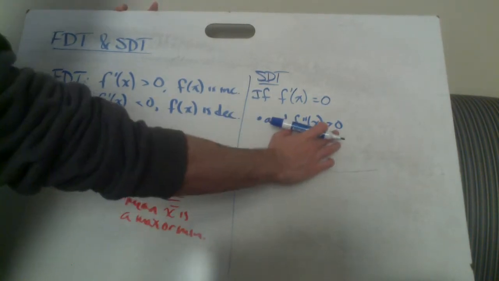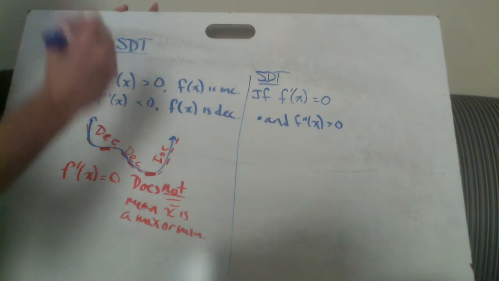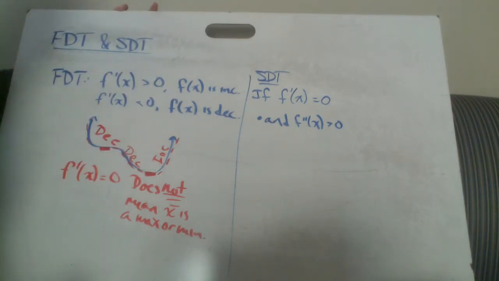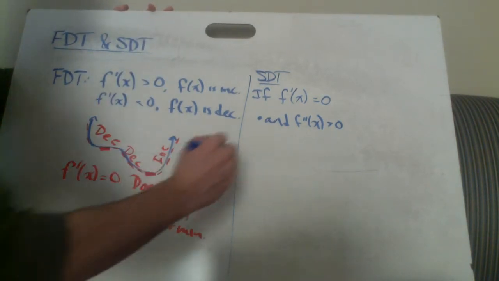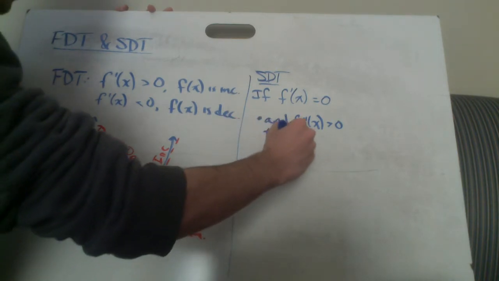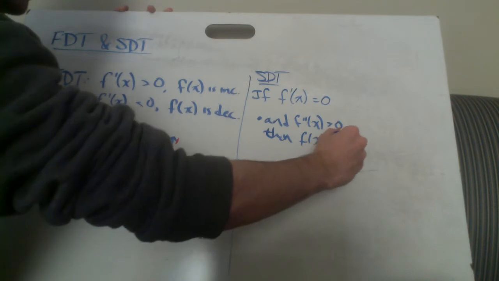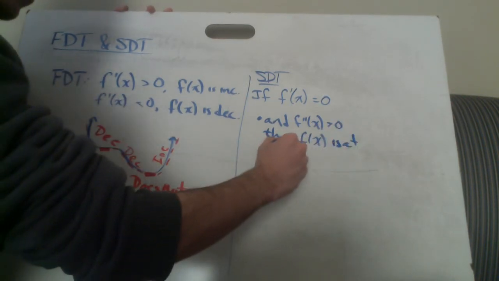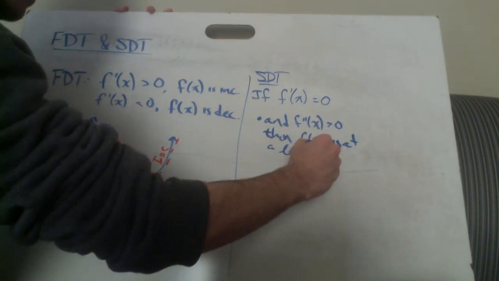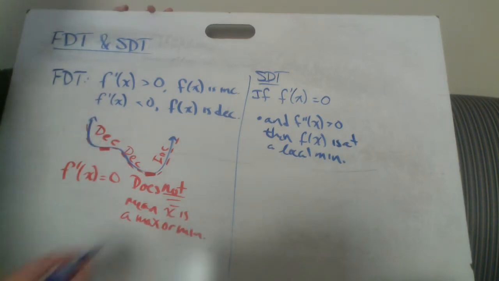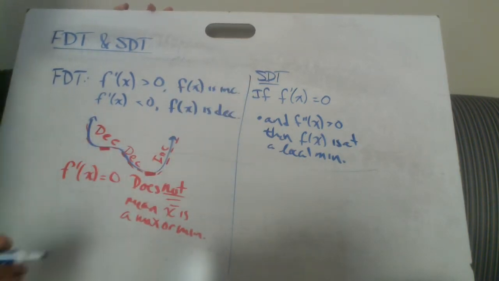If the second derivative is positive, that means we're concave up. So if we're concave up and the first derivative is 0, then f itself is at a local minimum. We're concave up and the derivative is 0.